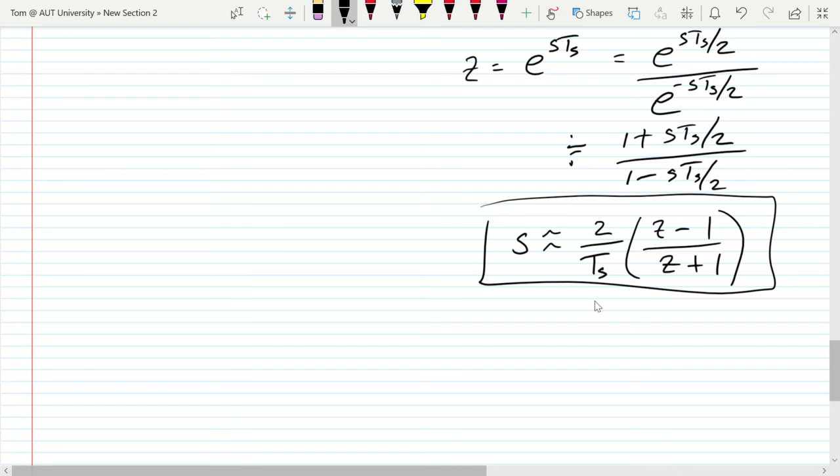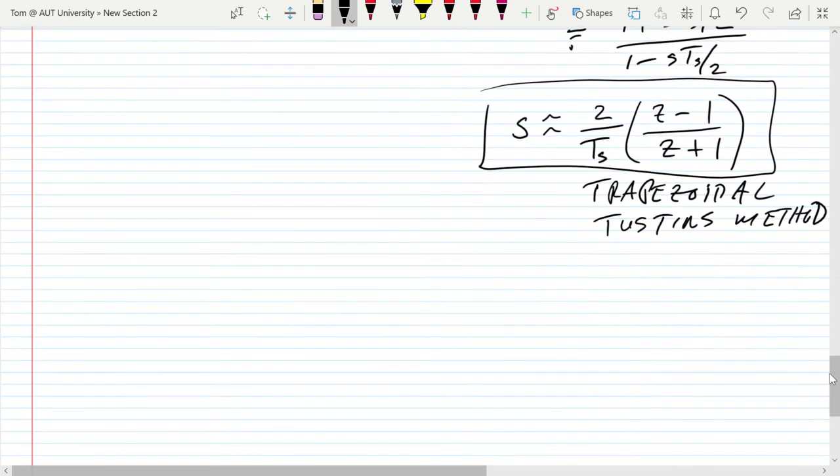There are two names for it. It's called the trapezoidal method, and it's also called Tustin's method. And what's actually happening here, though it's not obvious, is similar to what you might have studied in basic calculus when you're trying to find the area under a curve.